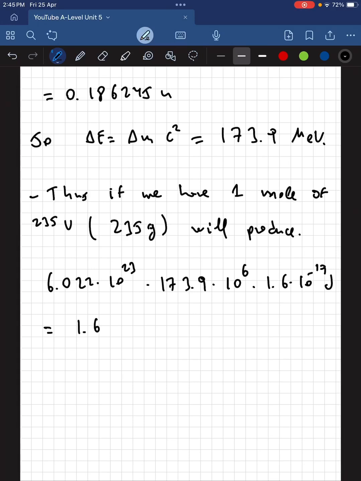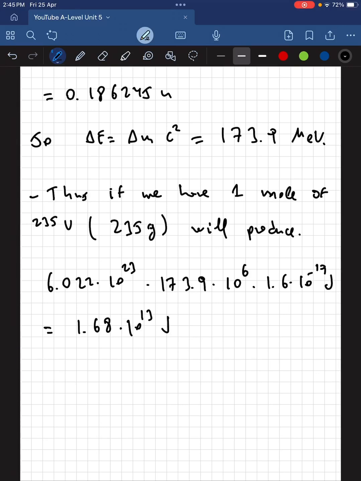So this energy comes to 1.68 times 10 to the 13 joules, which is comparable to what we got before, but 1 order of magnitude higher. So this is the energy produced by the fission of 1 mole of uranium, and this is the principle used in nuclear bombs, pretty much.